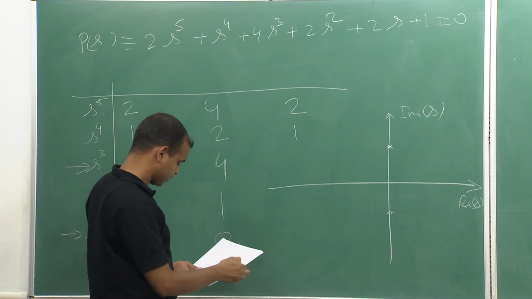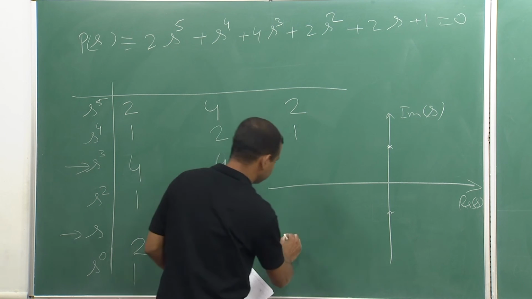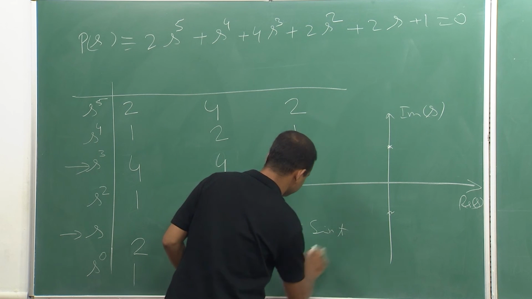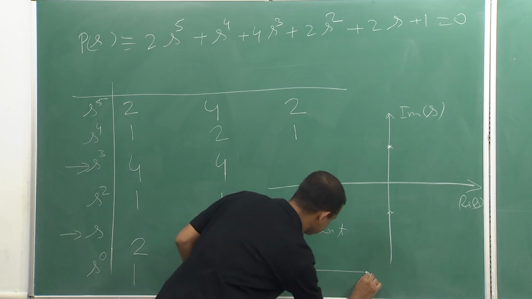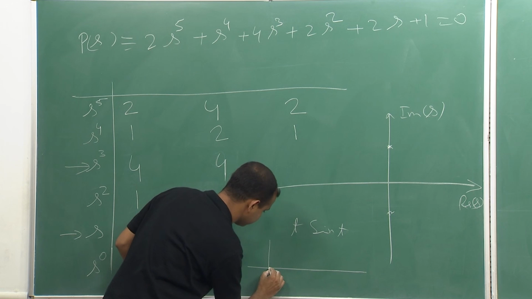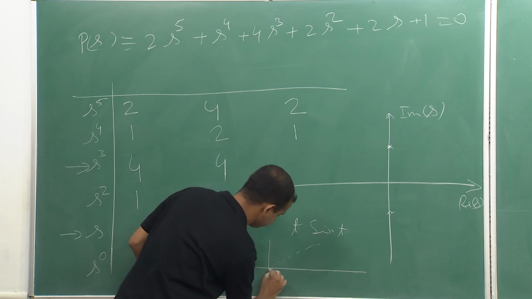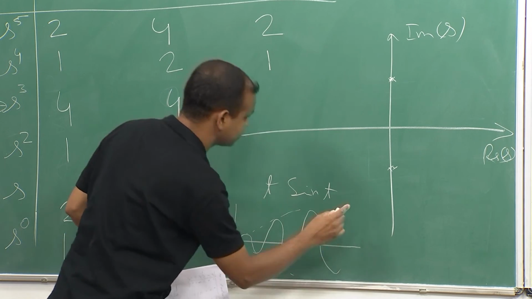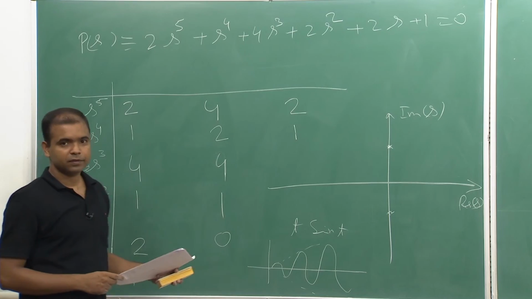If you remember, its response was t sin t. It will look something like this, if this is my t, its response will be something like this, and the system is unstable. Thank you very much.